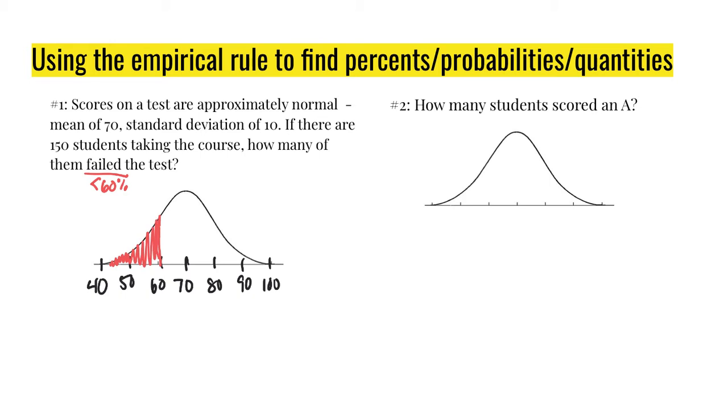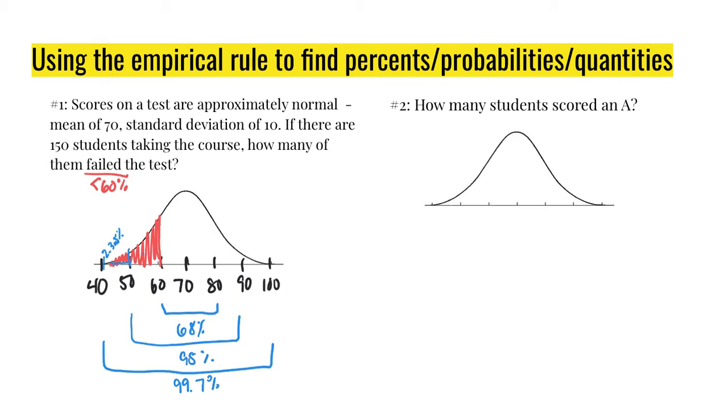Now let's consider what percentage of students that is. So remember, looking back at the previous slide, that we have 68% here, 95% here, and 99.7% here. Okay, well, if 99.7% is here, that gives us 2.35% in just this little segment right here.